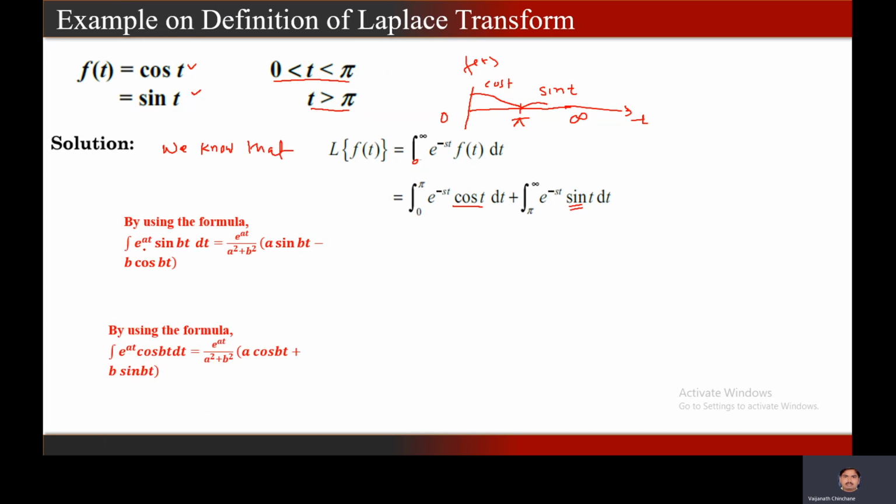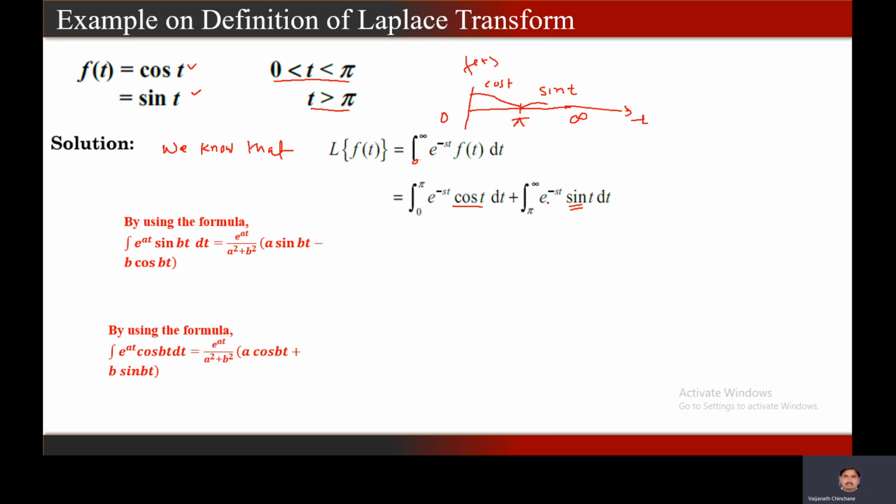First one: integration of e raised to at sin bt dt is equal to e raised to at divided by a square plus b square, into a sin bt minus b cos bt.